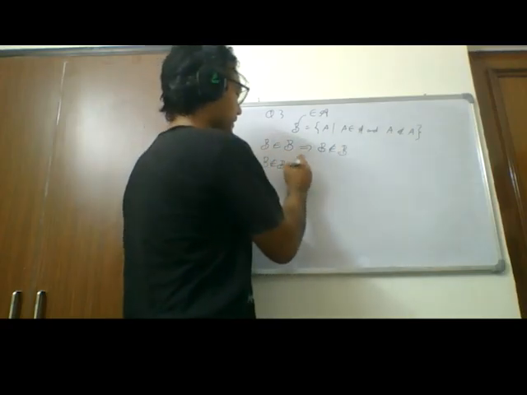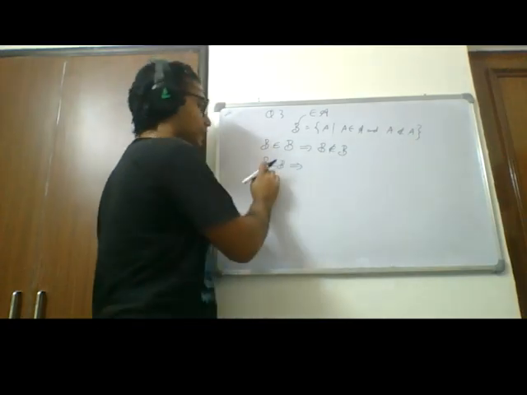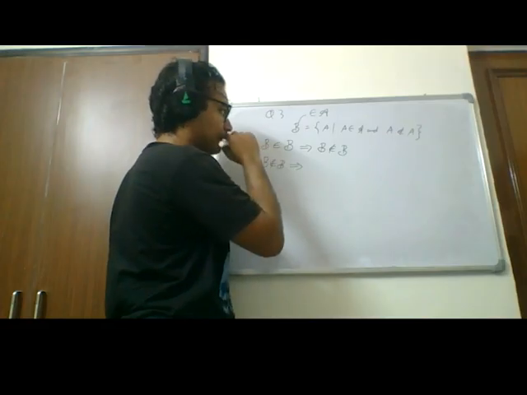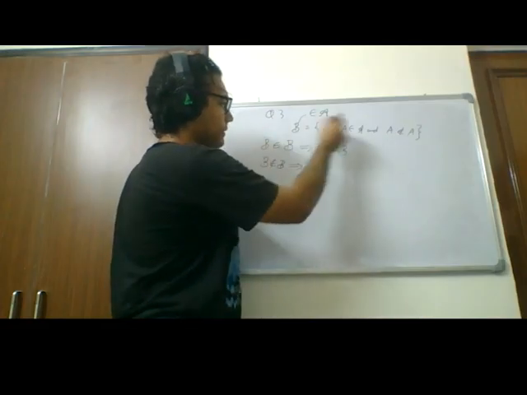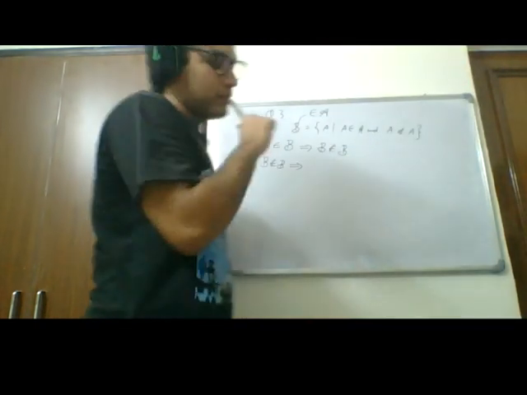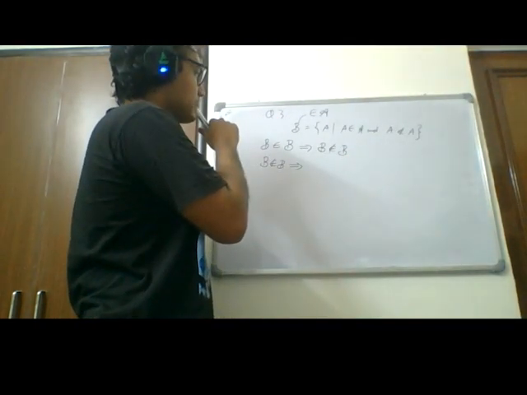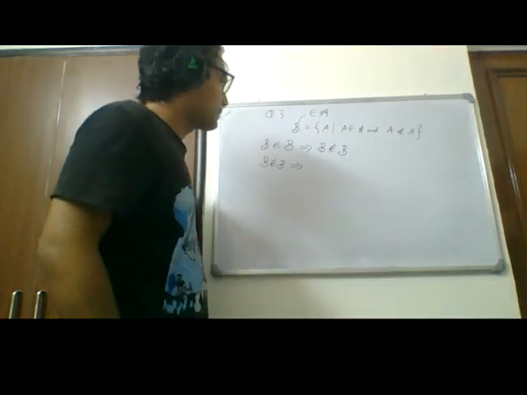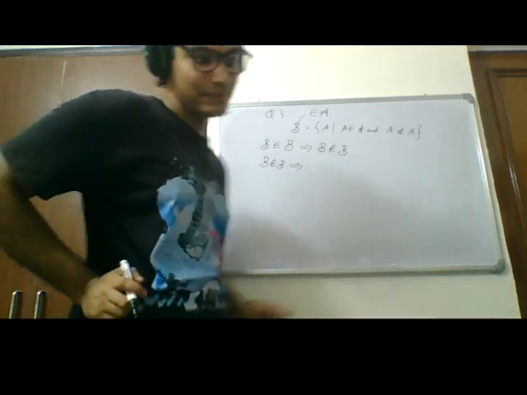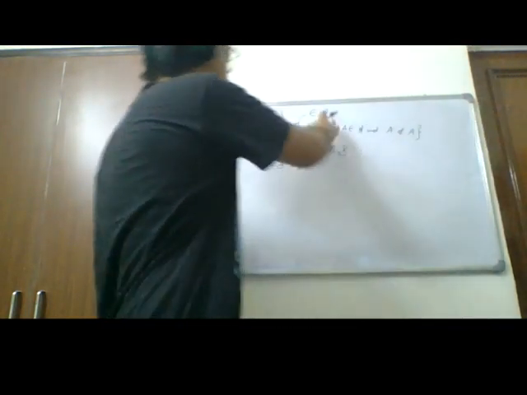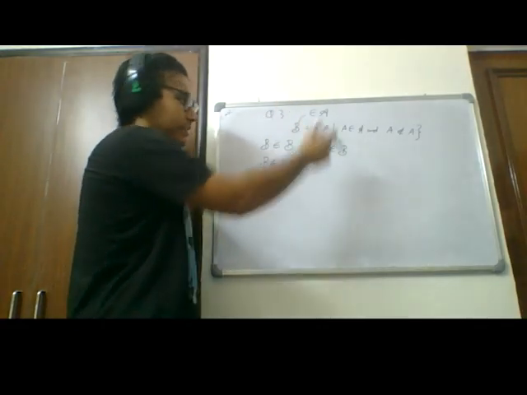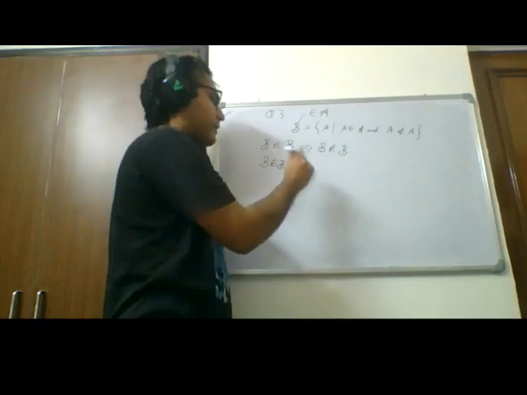Well, since theta is a set by definition, let's see. Hang on, it's a subset of A, right? Would it belong to it? Oh yeah, alpha is this, and every subset of a set is a set, so this is a set too. So it belongs here. So that part's fine.